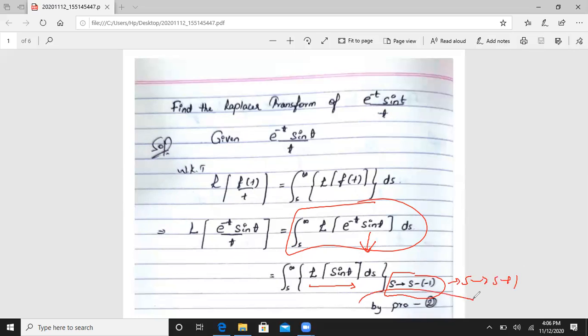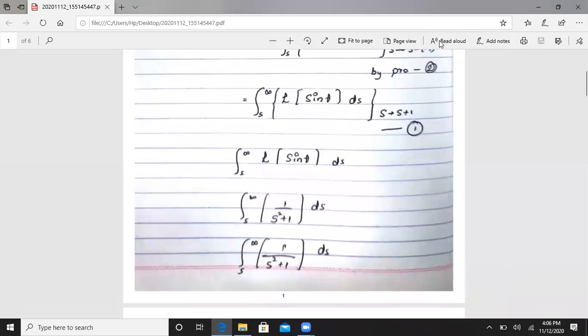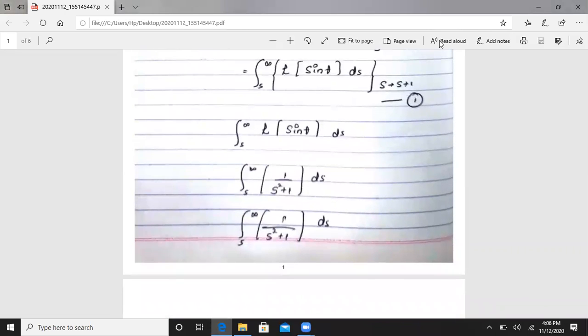This is by property number 2. I will write this function once more: the integration from s to infinity of the Laplace transformation of sin t ds, where s becomes s plus 1. Call this equation number 1, because we first solve this function, and whatever answer we get, we substitute this value in it.